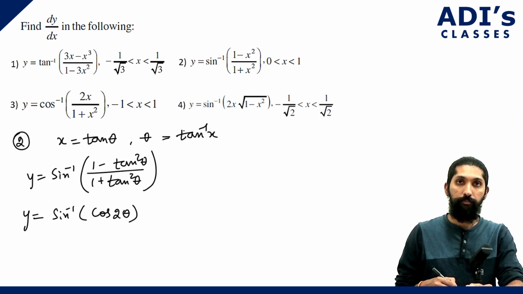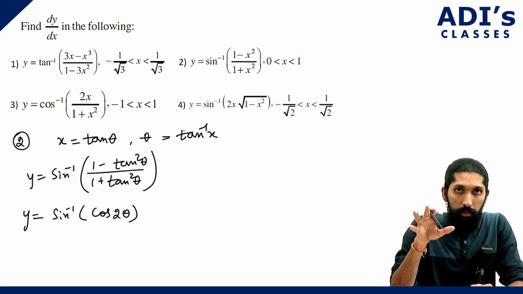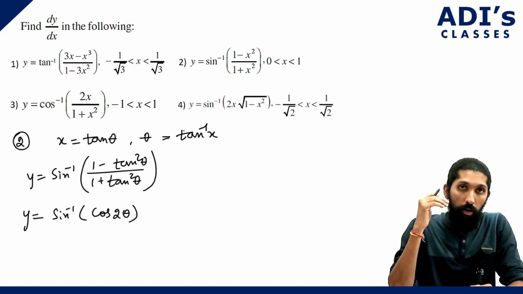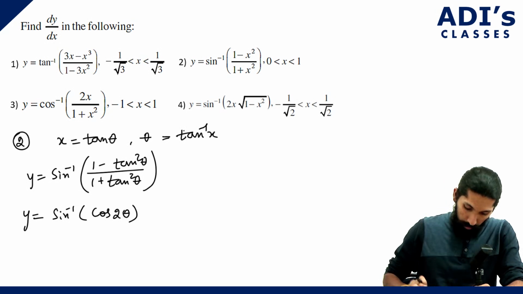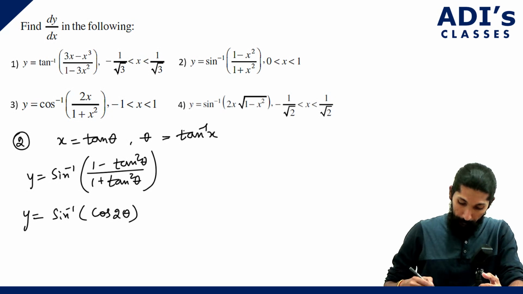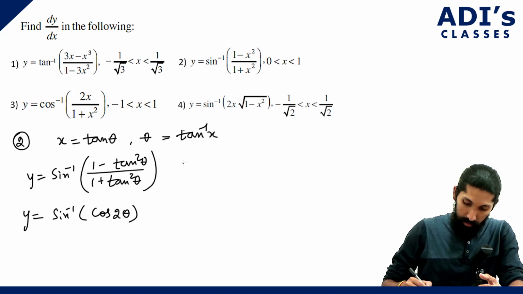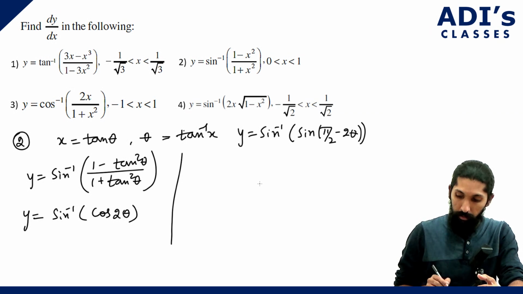Correct? Now, if you remember the complementary angles, cos theta is sine of pi by 2 minus theta, isn't it? So we can also write the same thing, sine inverse of cos 2 theta, as y is equal to sine inverse of sine of (pi by 2 minus 2 theta).